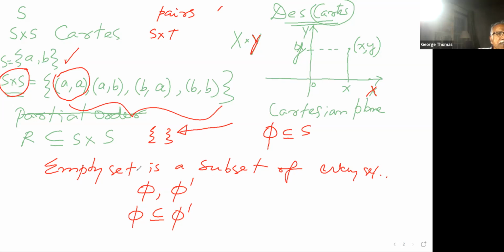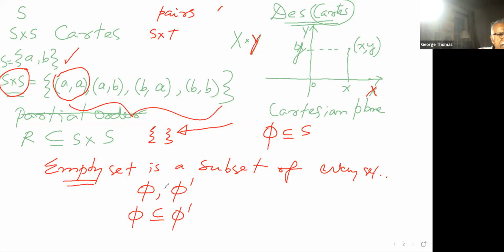If this is the definition of an empty set, it is contained in every set. There's nothing in it. It is empty. If it is in every set, can there be 2 empty sets? Well, let's suppose there are 2 empty sets. I call one phi, the other one phi prime.